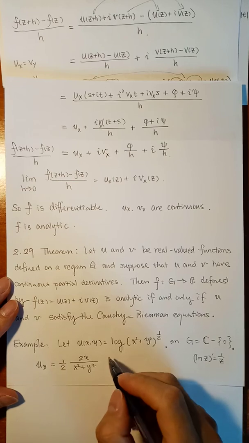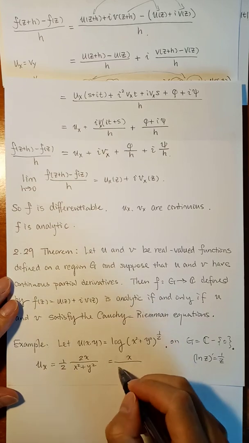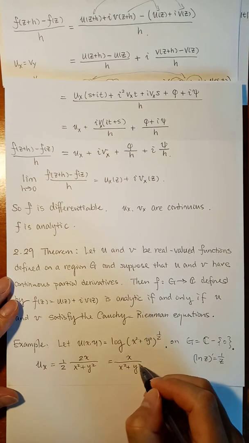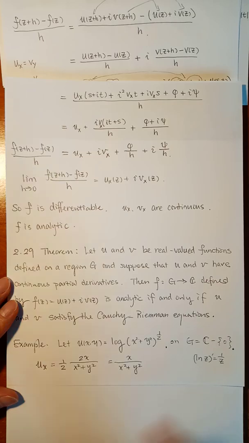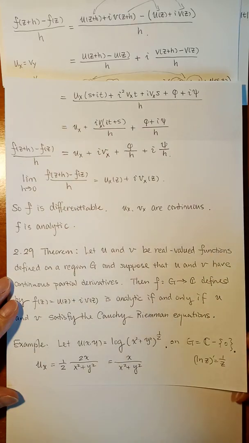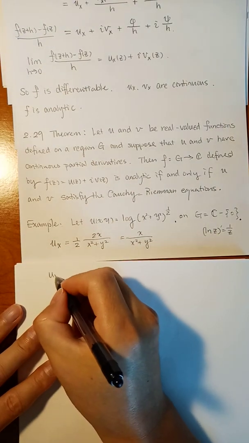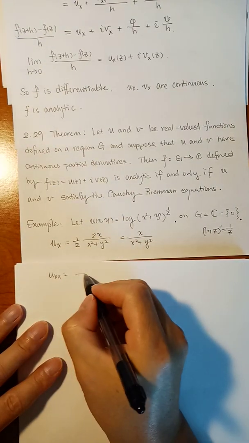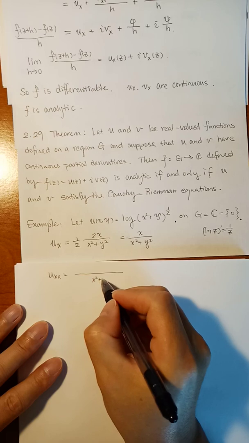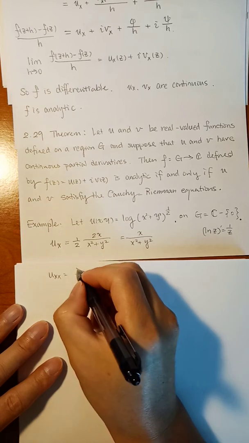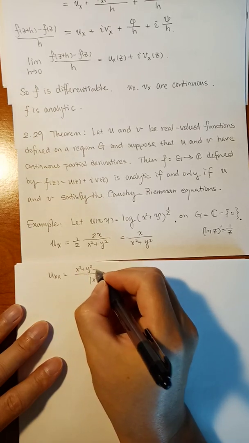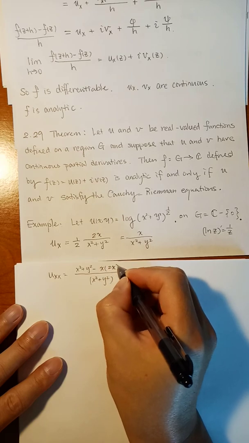So it's x over x squared plus y squared. And u_xx again: the denominator x squared plus y squared, minus x times 2x.